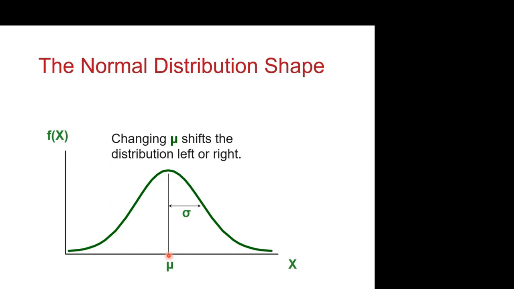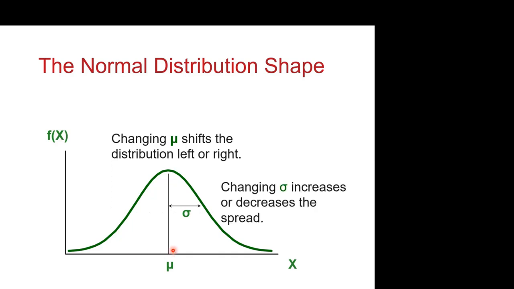If the value of the mean is larger, the normal distribution will move towards the right side. The smaller the mean, the normal distribution will move to the left.